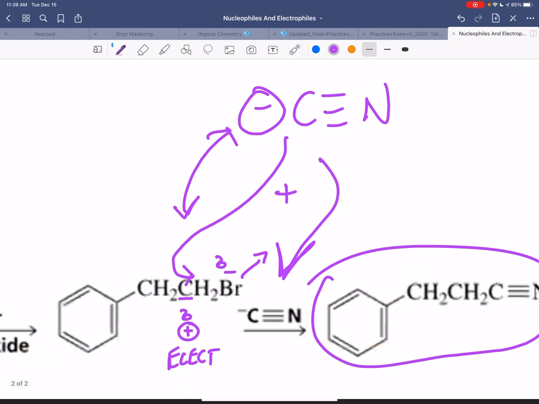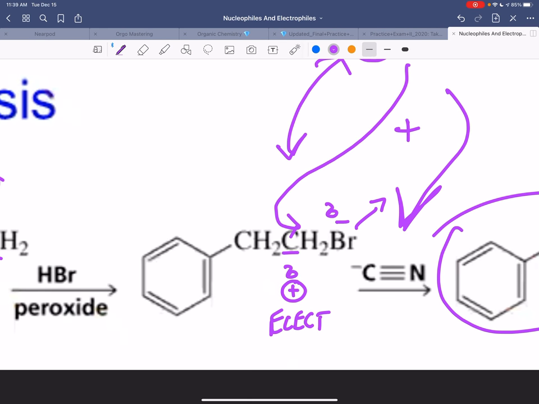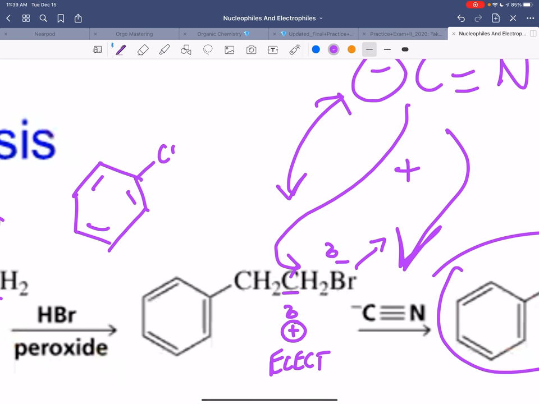What's interesting is that what you can also do is, if you have a benzene ring and you have this same product, CH2 bromine, you can reverse the charge here.